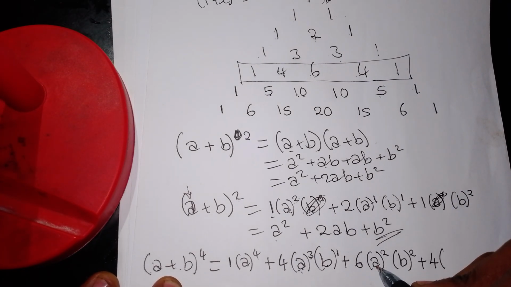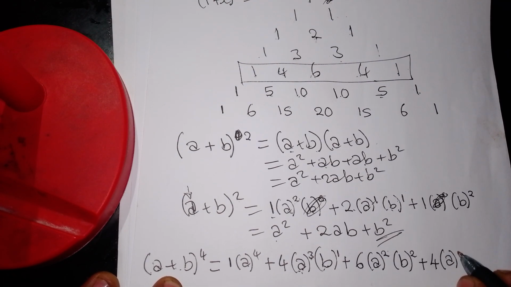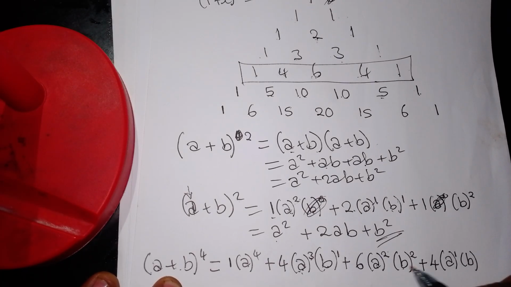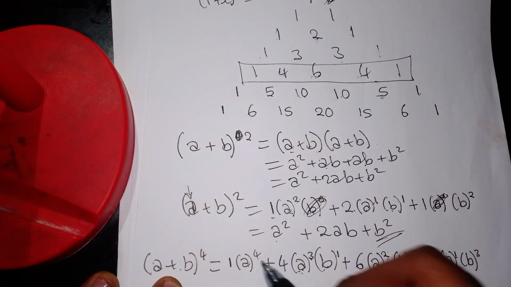And then the power of this will reduce by 1. So you have a to the power 1 multiplied by b to the power. Remember, the powers of b are increasing by 1. So this one will be a 3. So that 3 plus 1, you have a 4. 2 plus 2, that's a 4. This plus this, 4.